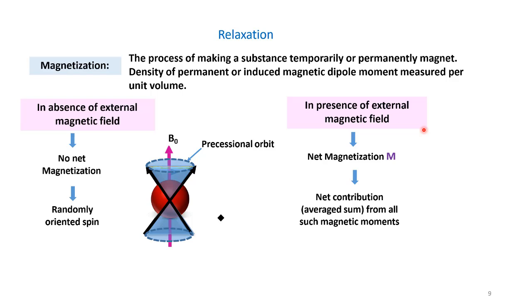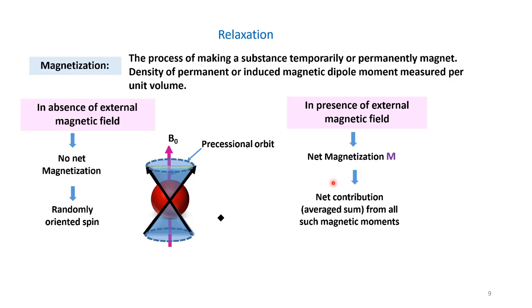If there is magnetization after removing the magnetic field, then it is a permanent magnet. So the alignment will be there even after removing the magnetic field. But in this case, in the absence of the magnetic field, there is no alignment with the magnetic field and no magnetization.